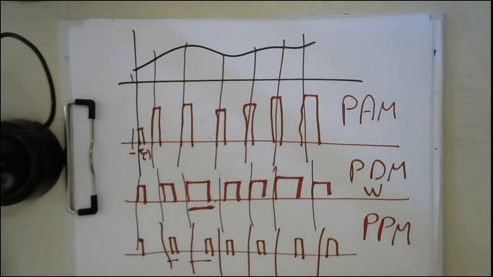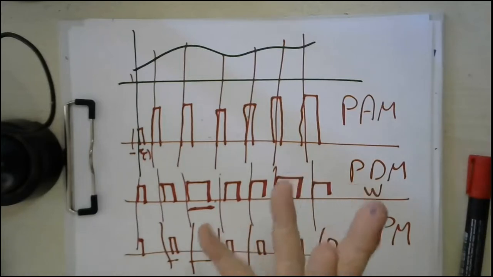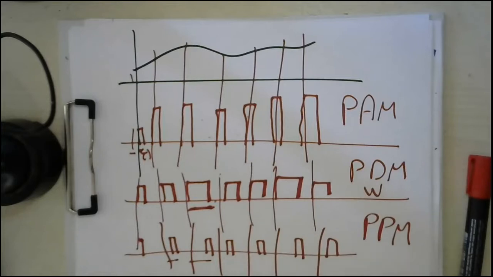So now, as you can see, it is a modulation because you somehow reformat your signal in different manners. However, in this case, my dear students, you are not using a carrier frequency.